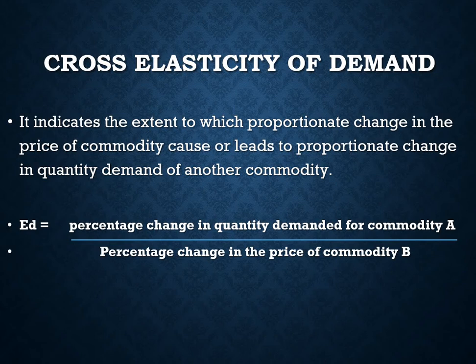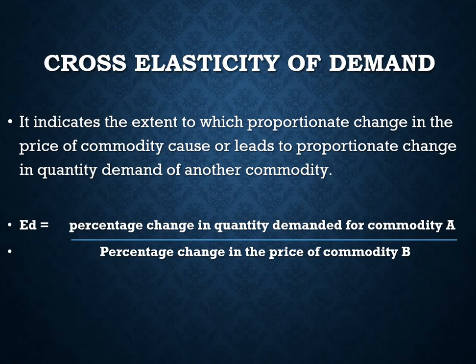This scenario explains that due to the increase in the price of tea, the quantity demanded, meaning consumption, of coffee is increased. So a change in the price of one commodity leads to a change in the quantity demanded of another commodity.